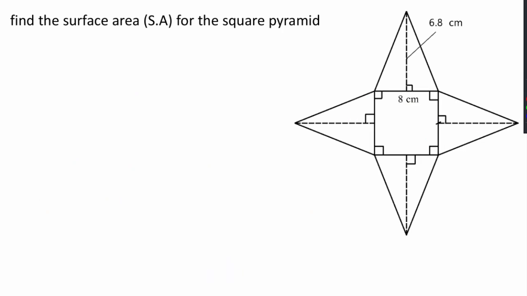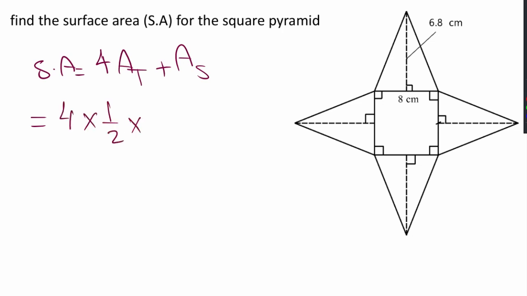The last one. Pause the video, take your time, and check your answer. Okay? Ready? Surface area will be 4 area of triangle plus area of square. Area of triangle equal half times 8 times 6.8 plus 8 times 8.